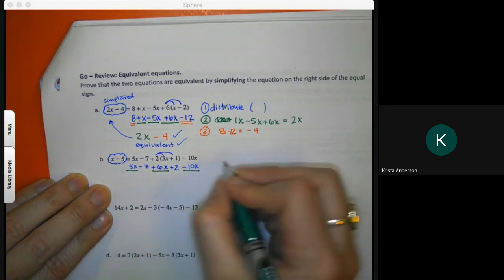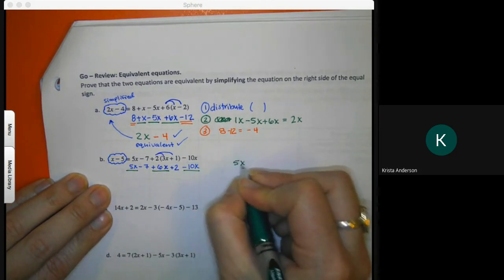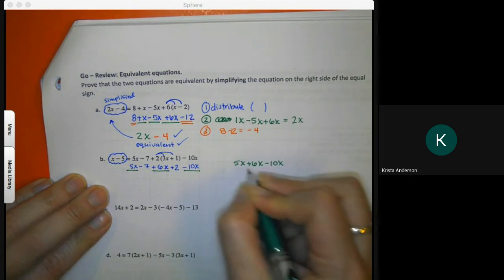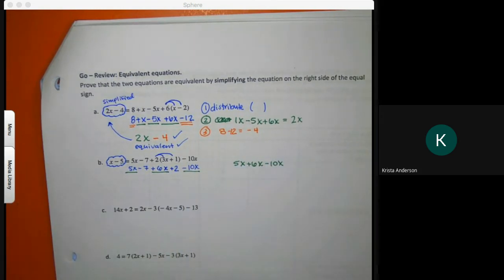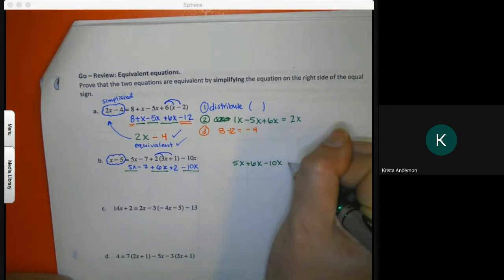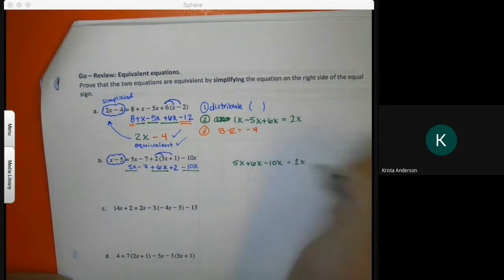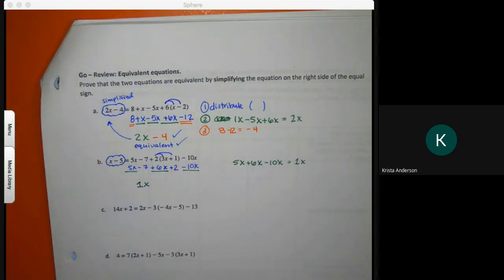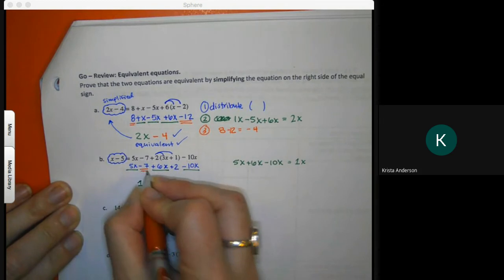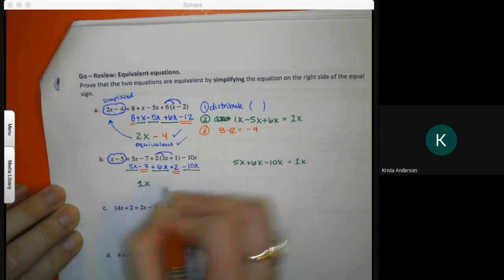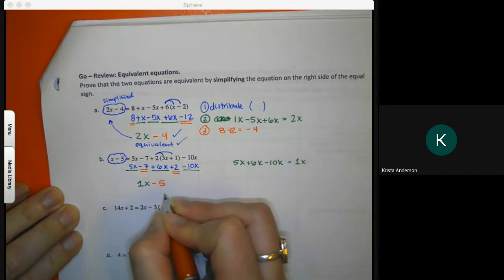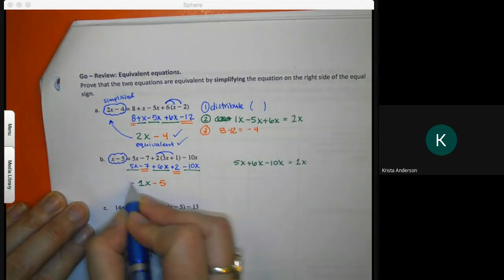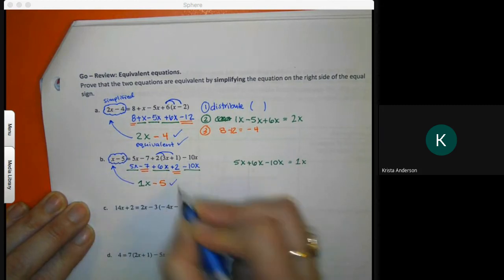Then take away 10. That would be 5 plus 6 is 11. 11 minus 10 is 1x. Then negative 7 plus 2 is negative 5. Does it match my original up here? Yes, it is equivalent.